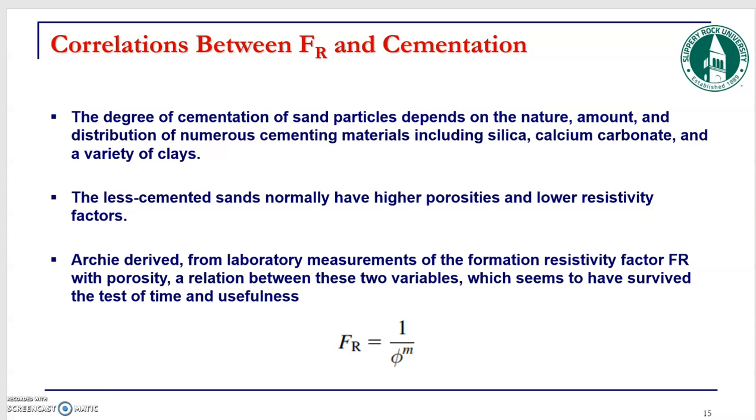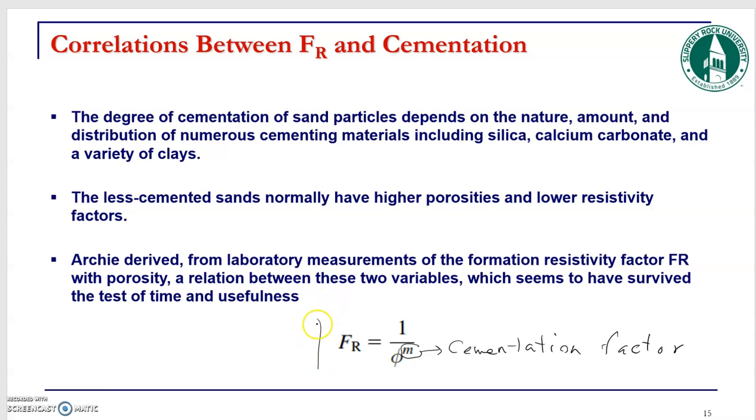He did some experimental measurements and related the formation resistivity factor to porosity, and he found that there is another factor here, which is M. It's called the cementation factor. Basically what it tells you is how well the grains of your rock are cemented together.